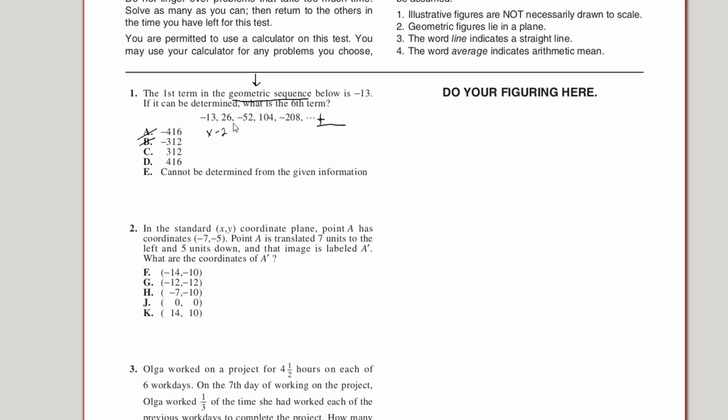You can just check: to go from 26 to negative 52, you multiply by negative 2. So to find that 6th term, we multiply by negative 2, and that's going to be a positive 416, which is answer choice D.